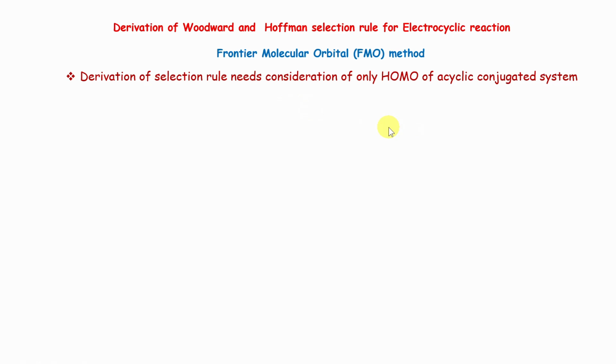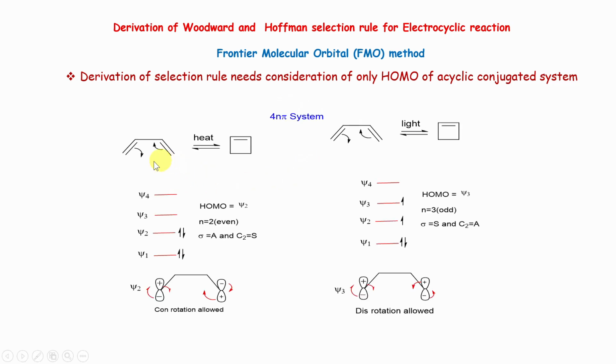And we are taking into consideration the HOMO in the excited state to determine whether this reaction takes place photochemically, either via conrotation or disrotation. First of all, we will take into consideration this acyclic conjugated system, that is butadiene.